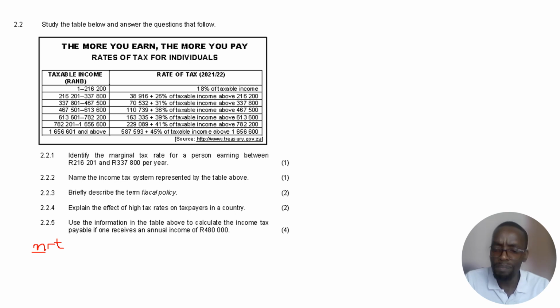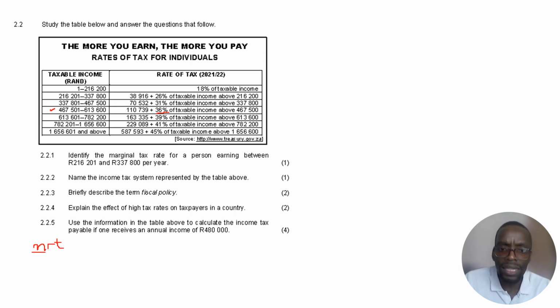So the marginal rate of taxation means the rate of taxation on extra income. For example, for someone who is earning maybe 600,000, what is the marginal rate of taxation? This person falls in this bracket here, so their marginal rate of taxation becomes 36%.